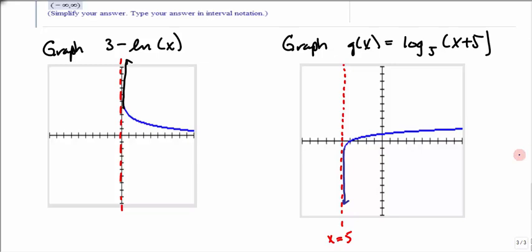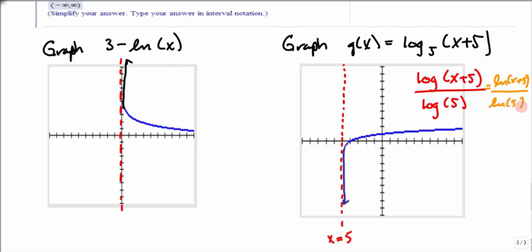Now, how would I graph using a log conversion? Remember, it's always the argument over the base, so it would be log of x plus 5 over log of 5. Or, remember, you can also use natural log of x plus 5 over natural log of 5. Either one of these will produce the same graph.